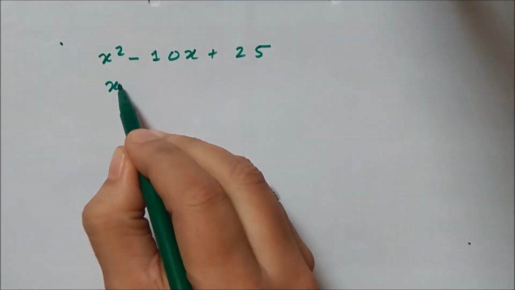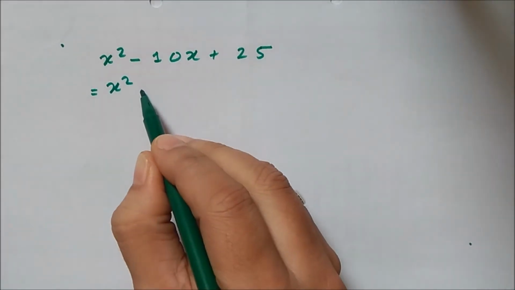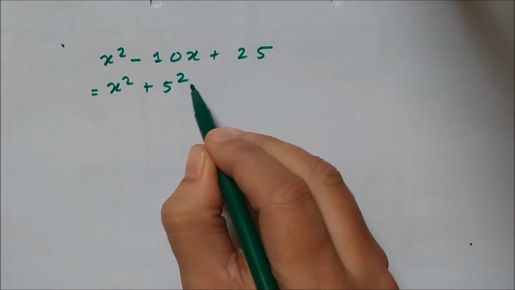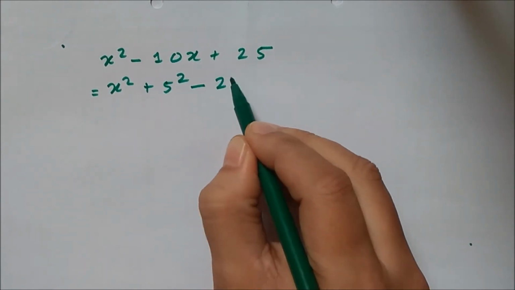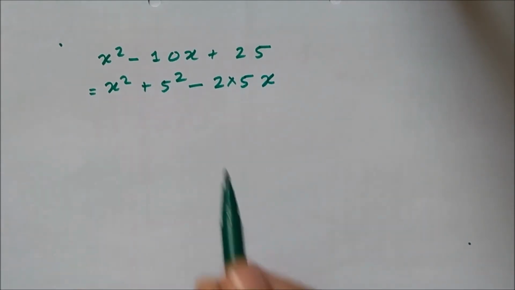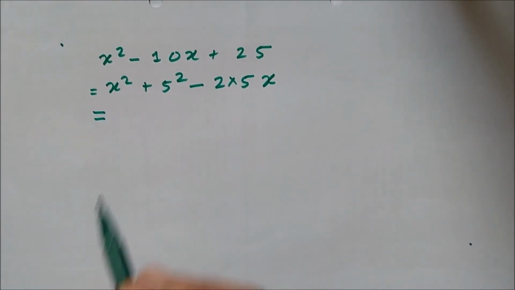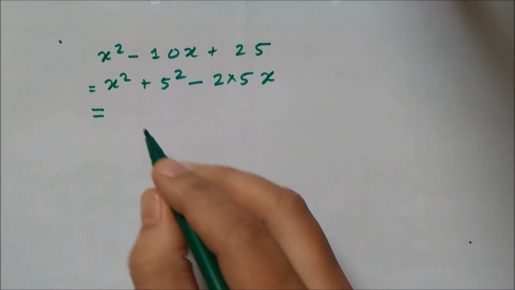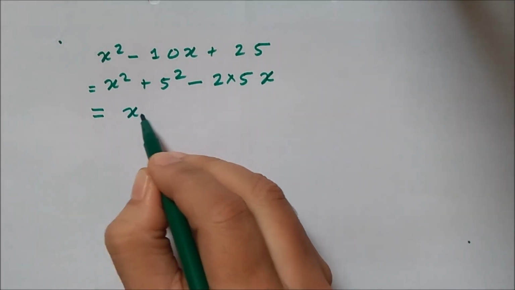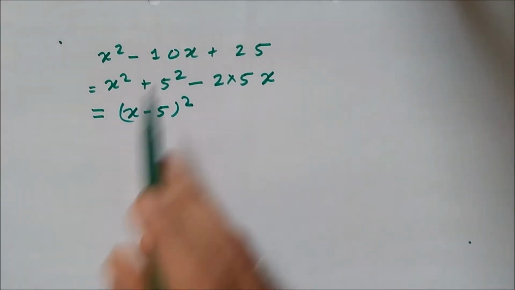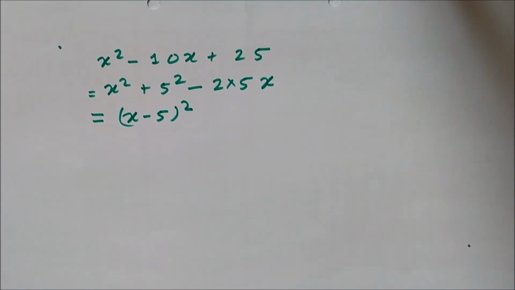That is x square plus 5 square, this is 25, minus 2 into 5x. So from the second identity, that is (a minus b) whole square, we can put simply (x minus 5) whole square. So the factors of this algebraic expression are (x minus 5) whole square.